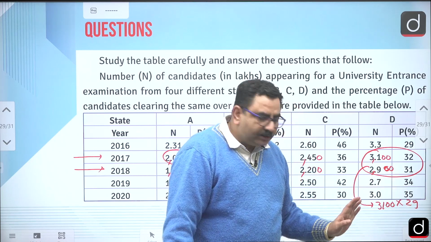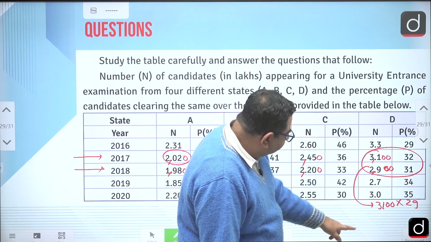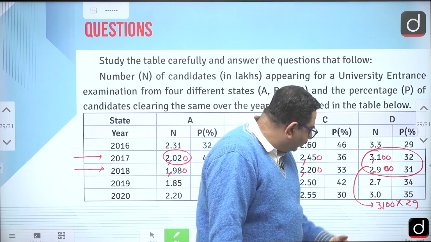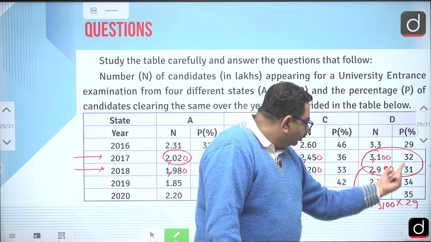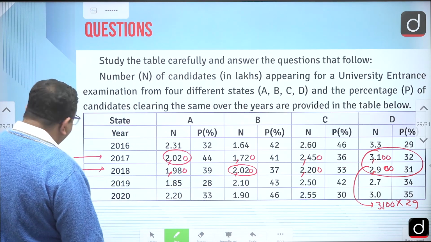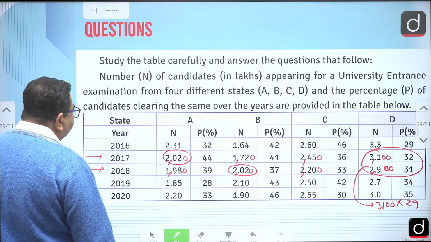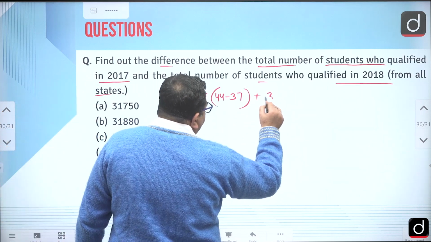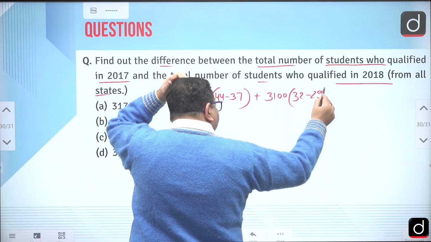Both the calculation wise they are same, but we can find the difference easily. This is 3100 into 32, and this is 3100 into 29. So we can write the difference as 3100 into 32 minus 29, right.